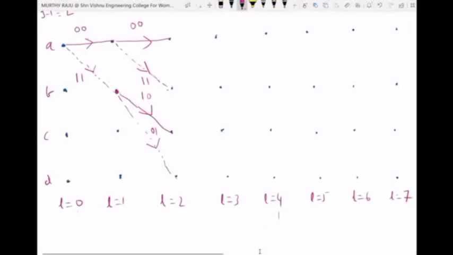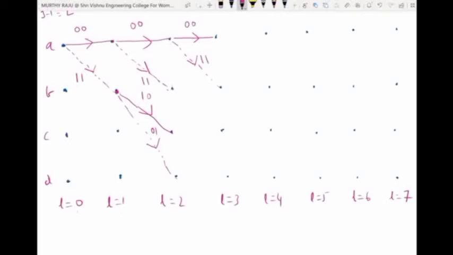Here consider these 4 points, four states, A, B, C, D. A to A, so input bit is 0, outputs are 0, 0. A to B, transitions from current state to next state, output is 1 1.